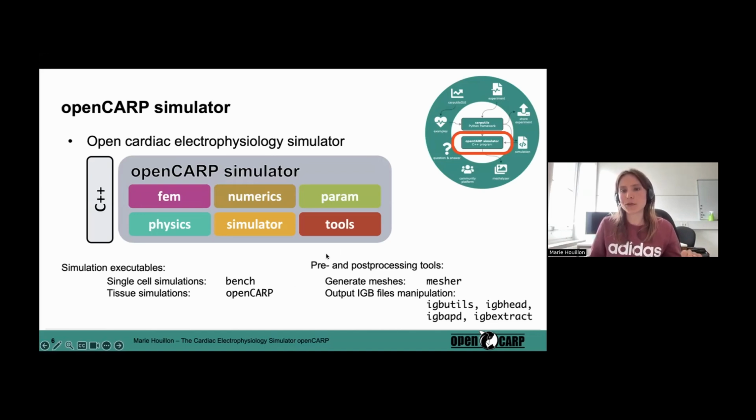And there are also some pre- and post-processing tools, mesher for generating meshes, and these IGB executables that allow to manipulate the output files produced by openCARP in IGB formats.